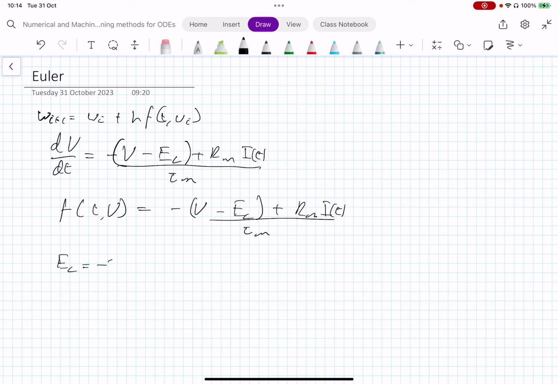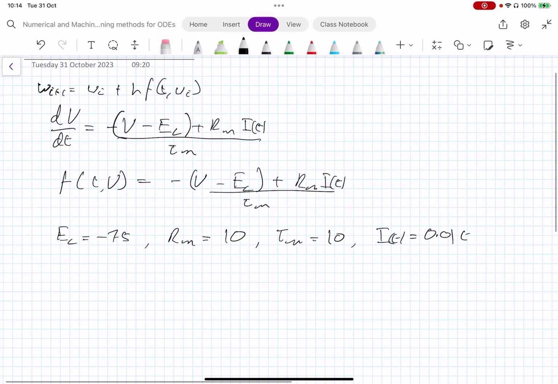And we know that E_L is equal to minus 75, R_m is equal to 10, tau_m is equal to 10, and I is equal to 0.01 t.